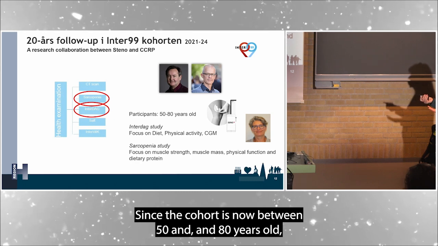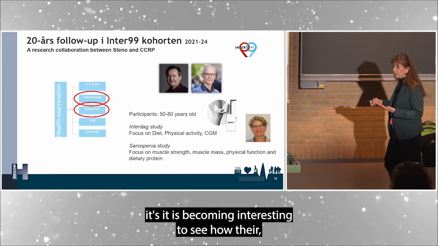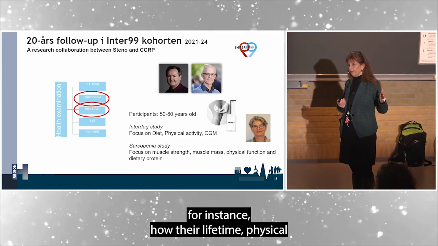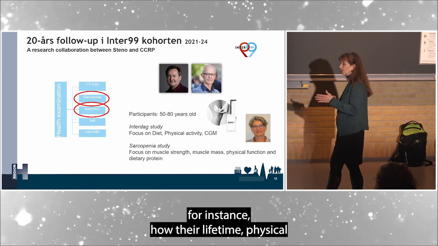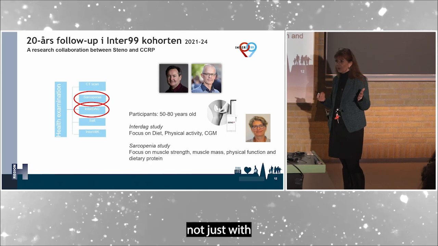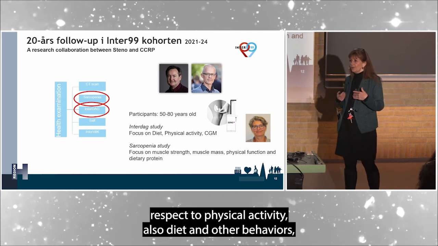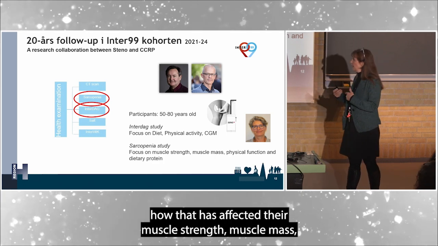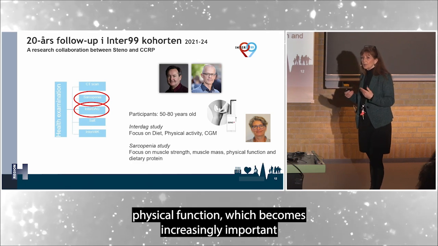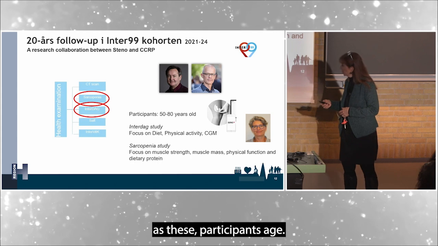Since the cohort is now between 50 and 80 years old, it is becoming interesting to see how their lifetime physical activity, or at least the last 20 years of behavior, not just with respect to physical activity, also diet and other behaviors, has affected their muscle strength, muscle mass, physical function, which becomes increasingly important as these participants age.